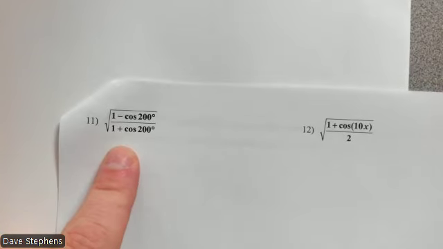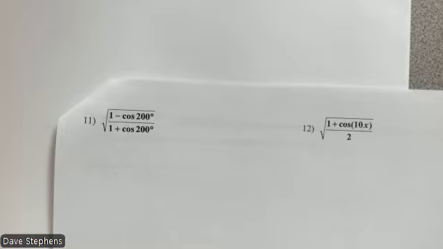1 minus cosine of 2 theta, 1 plus cosine of 2 theta. What? Hmm.